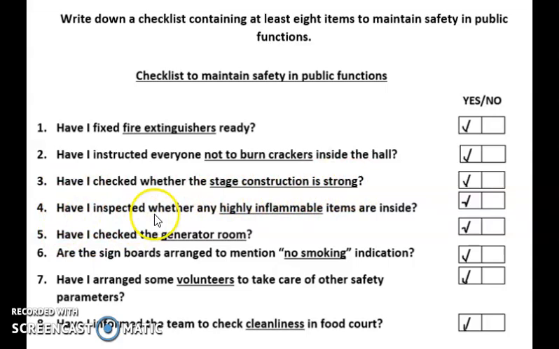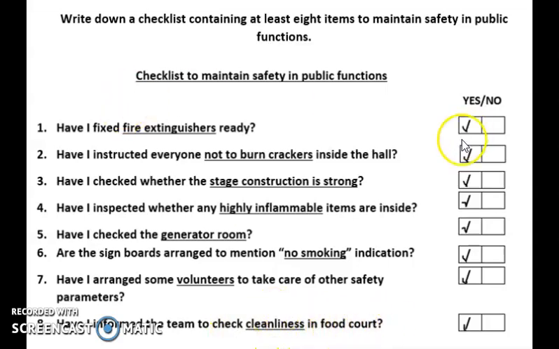Have I inspected whether any highly inflammable items are inside? Have I checked the generator room? Have I arranged the signboards to mention no smoking indication? Have I arranged some volunteers to take care of other safety parameters? Have I informed the team to check cleanliness in the food court?